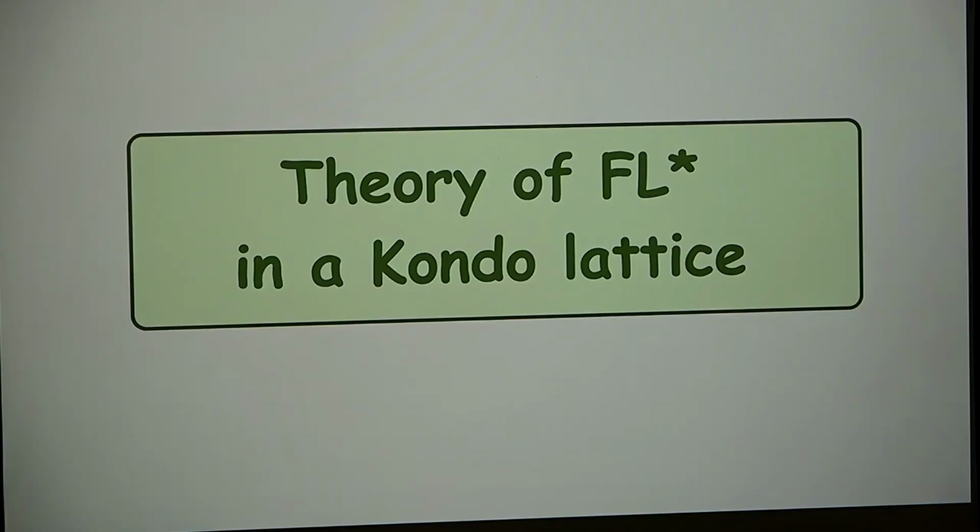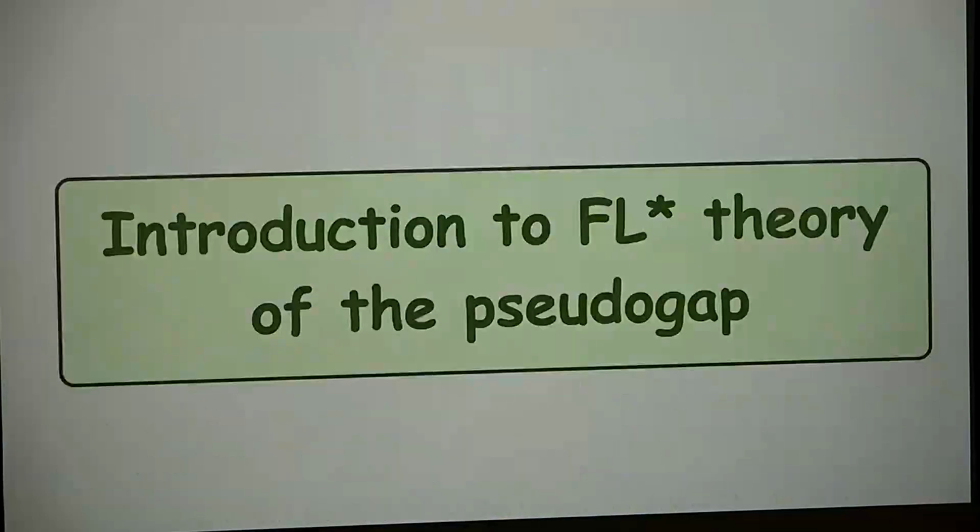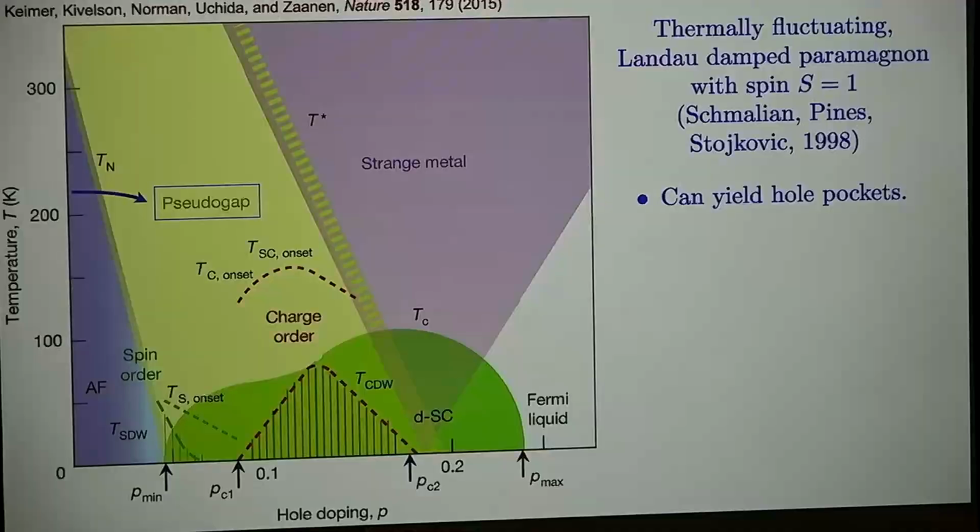Is there data around optimal doping? Do we know if this is a crossover to the overdoped normal metal or a phase transition? If I go back to the phase diagram, this is what I will be discussing a bit tomorrow.